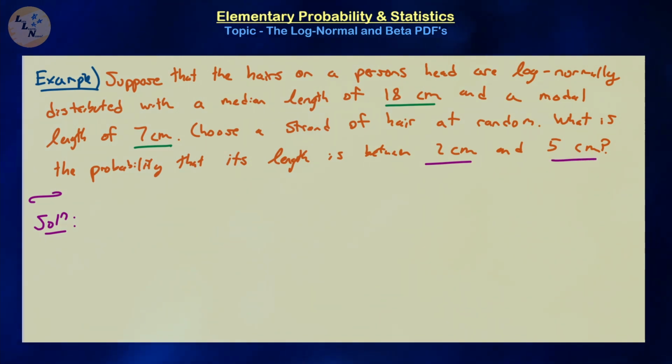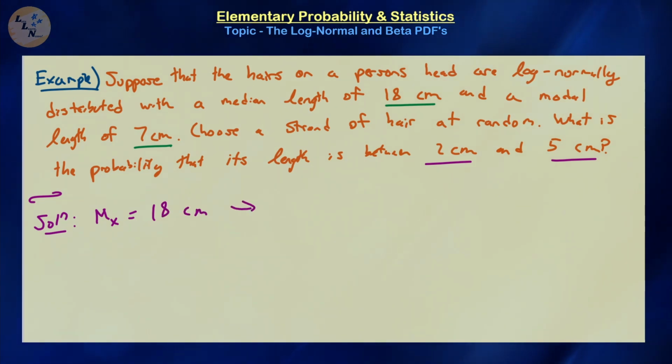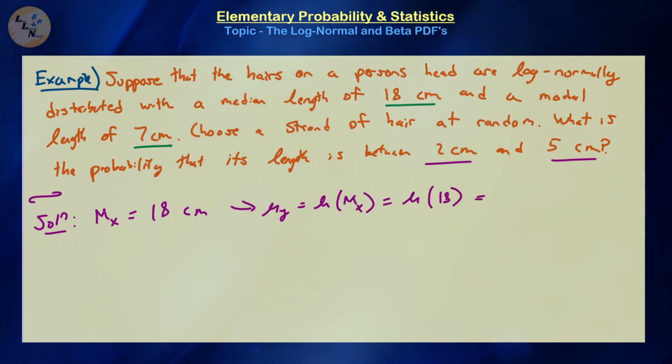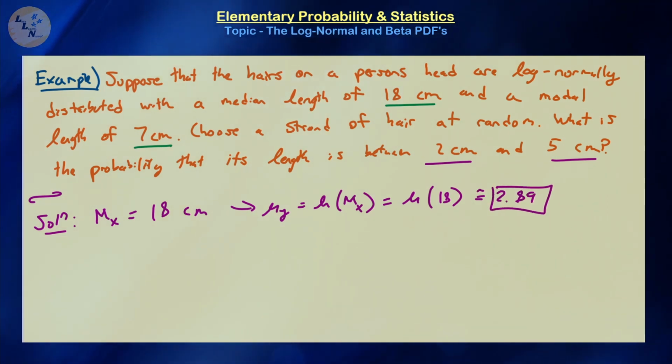The first thing that we need to do is, from these median and mode values, estimate the parameters mu y and sigma y. We know that the median value of x is equal to 18 centimeters. So we can find the parameter mu y to be equal to the natural log of the median, which is the natural log of 18, approximately 2.89. So that's our first parameter.